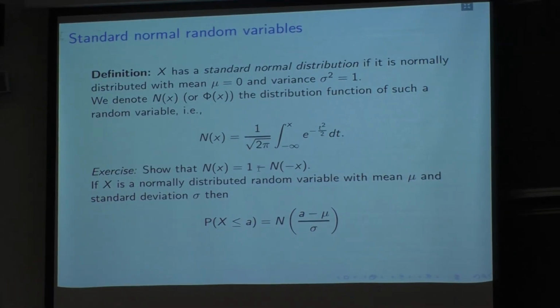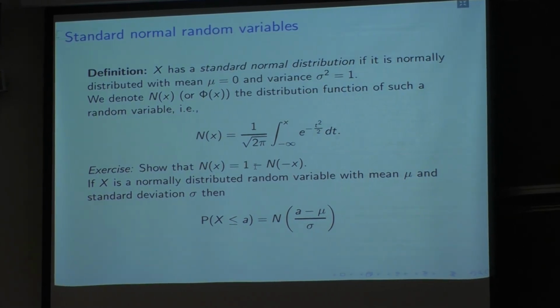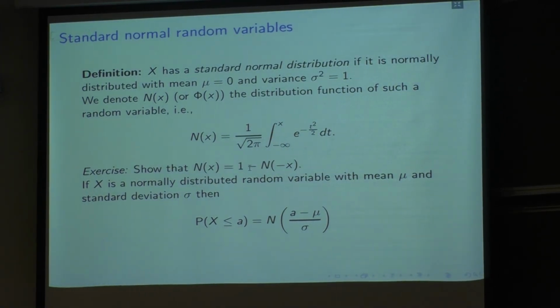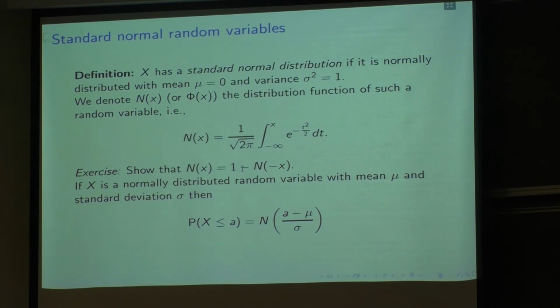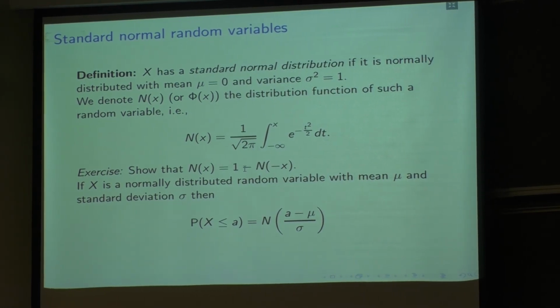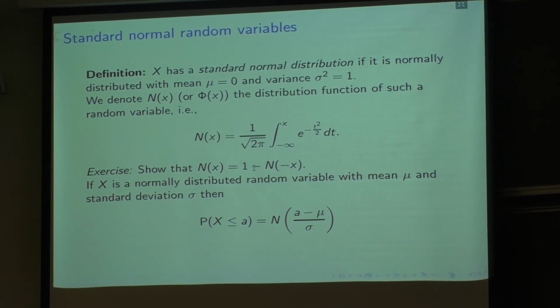And another thing that we actually used many times. You had these tables for normally distributed random variables. So what happened when we wanted to find the probability of some normally distributed random variable being less than A? You first normalize your random variable by subtracting the average and dividing by the standard deviation, and then use that value.